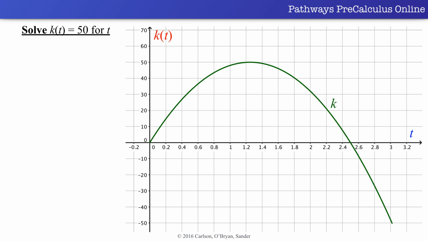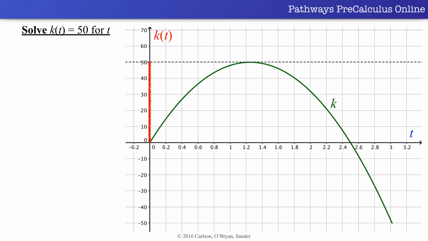If we graph the function k, we can use the graph to approximate the solution to k of t equals 50. Since the vertical axis represents values of the ball's height in feet above the top of the building, we look for all points on the graph of k with a vertical component of 50.